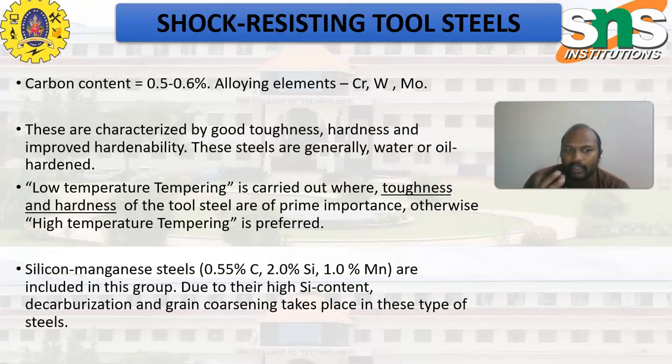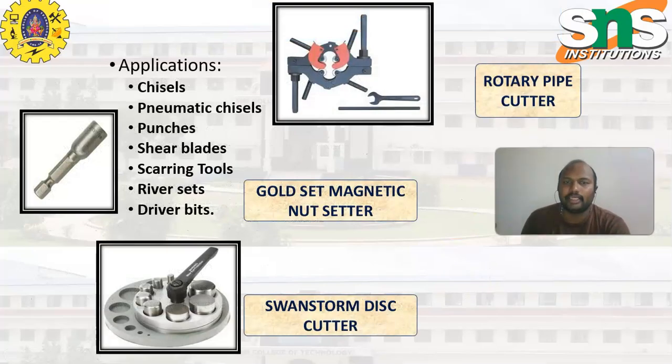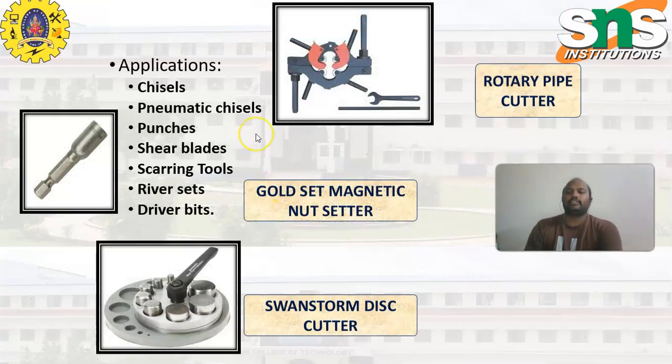The silicon will form silicon carbide, taking the carbon into itself, so there will be decarburization inside the grains and grain coarsening happens. The silicon carbide will in turn improve the strength of this shock resistance tool steel, right? It is majorly used in chisels, particularly pneumatic chisels, punches, shear blades, scaling tools, rivet sets, and driver bits. Right?